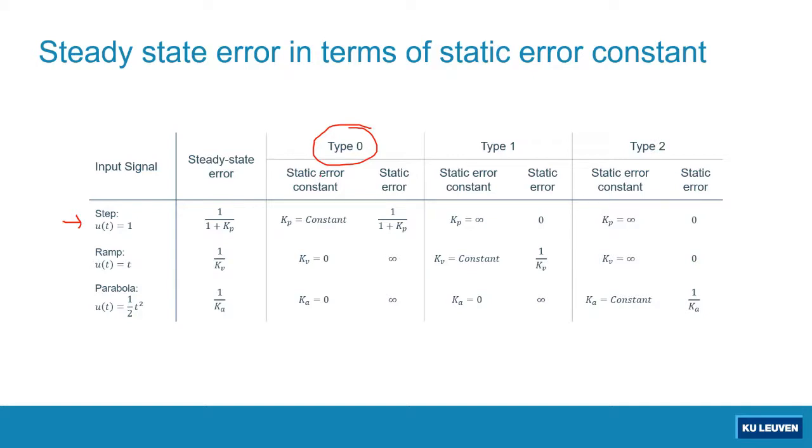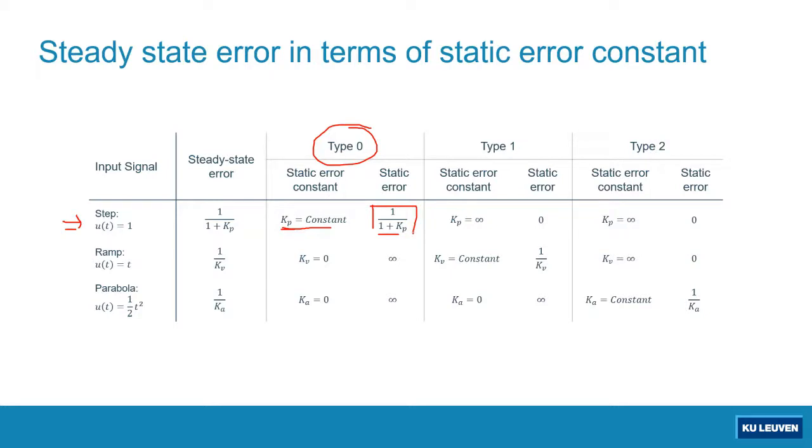to a type 0 system, we will have a constant static position error constant, right? The static position error constant Kp will be a constant value, and this will bring a consequence that the steady state error of a type 0 system when a step input is given will be constant, will be a finite value.